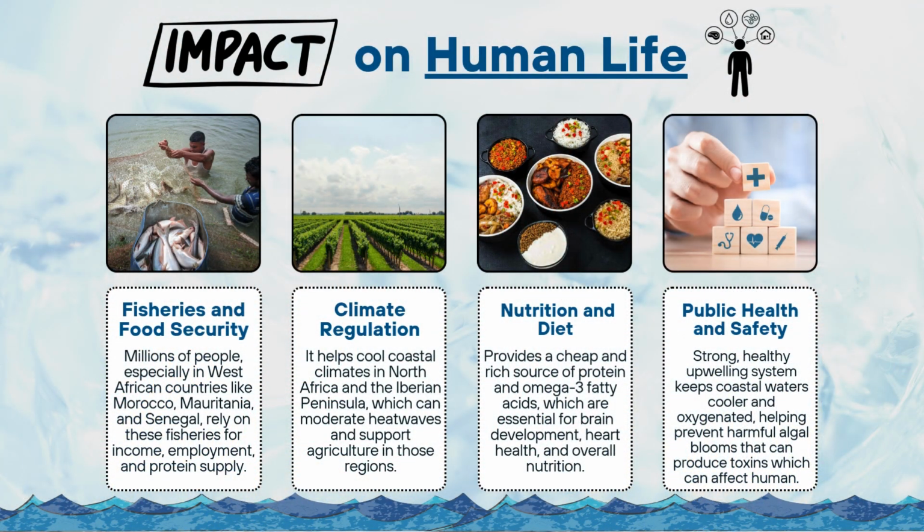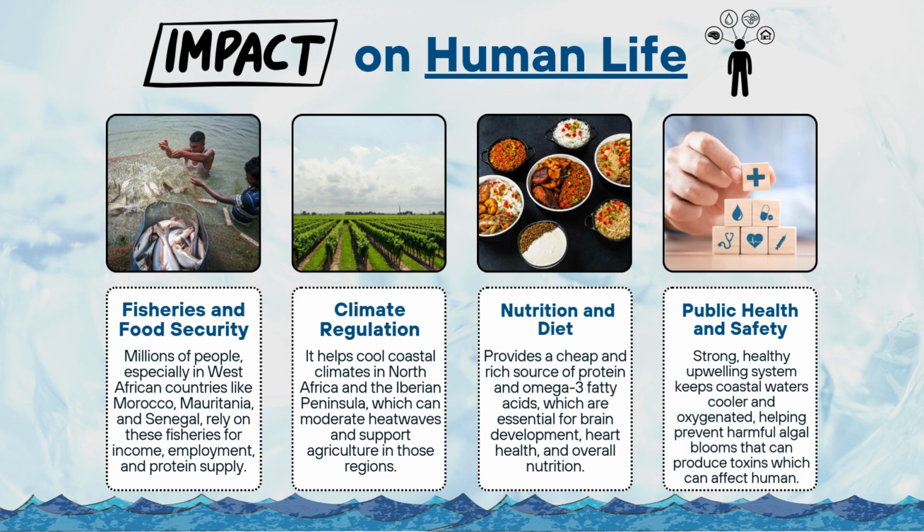When we talk about the ocean's impact on human life, it's much more than just a source of seafood. For millions, especially in West Africa, fisheries are important for jobs, income, and daily meals. But beyond food, the ocean plays a major role in regulating climate. In places like North Africa and the Iberian Peninsula, it helps cool the coast and makes farming more sustainable.